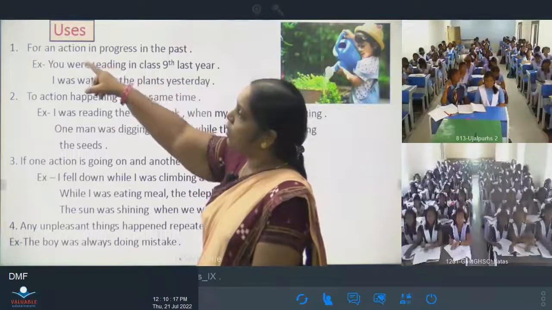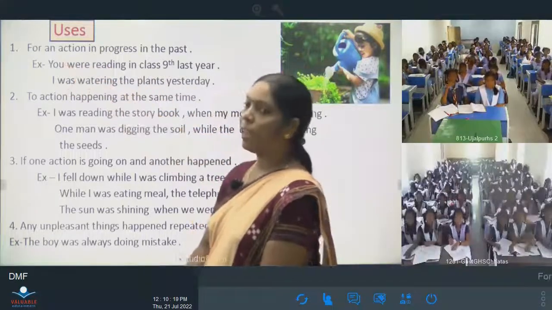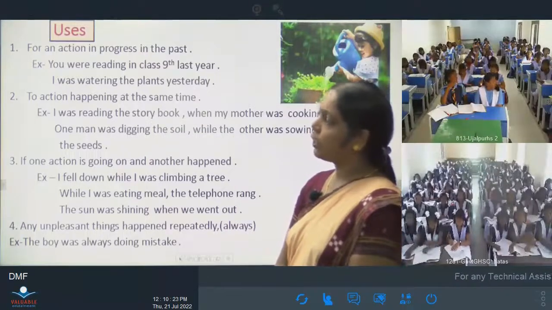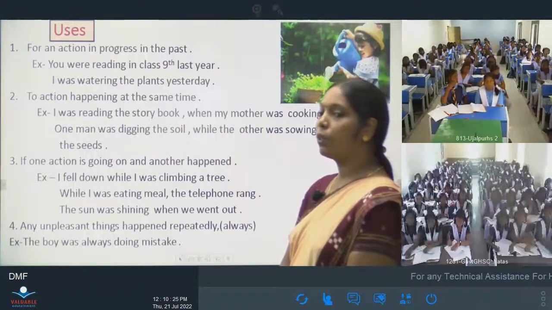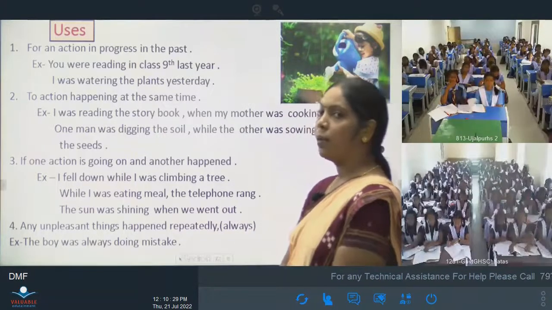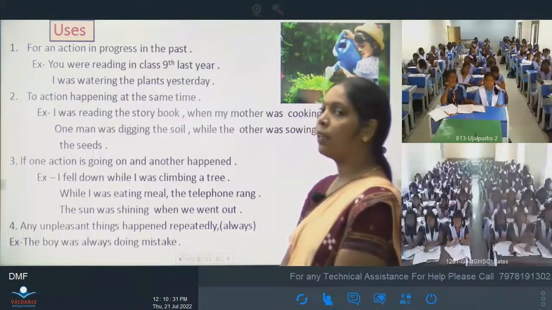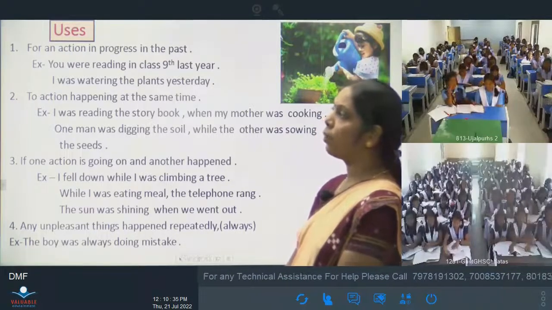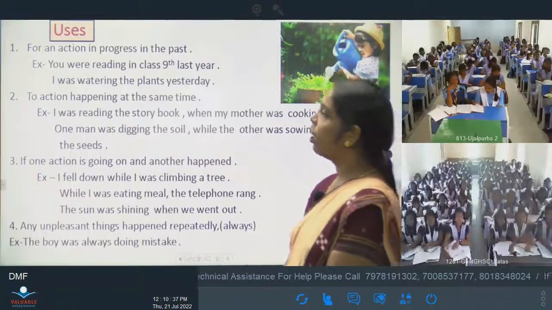Now its uses. We use past progressive for an action in progress in the past. ଅତୀତରେ କୌଣସି କାର୍ଯ୍ୟ କିଛି ଦିନ ଧରି ବା ସମୟ ଧରି ଚାଲୁଥିଲା, ପ୍ରଗତିରେ ଥିଲା, ସେଇ ପାଇଁ ଆମେ past progressive tense ର ବ୍ୟବହାର କରିଥାଉ। Look at the example.